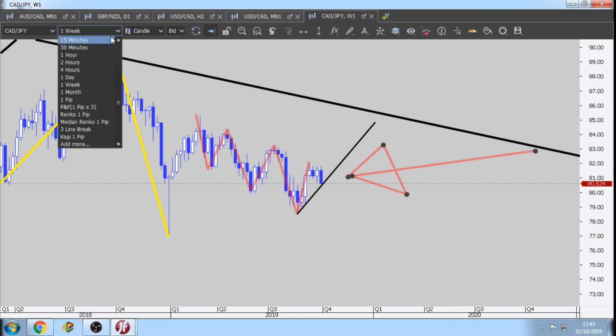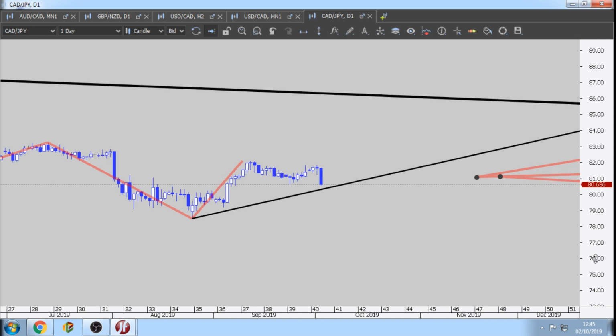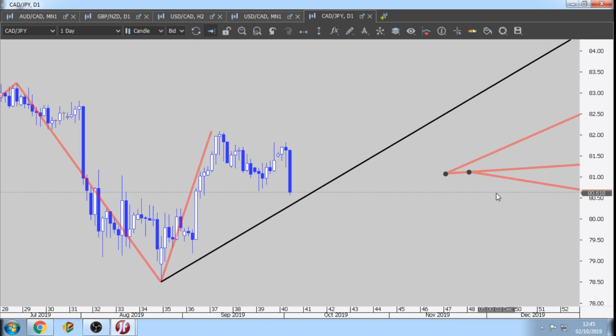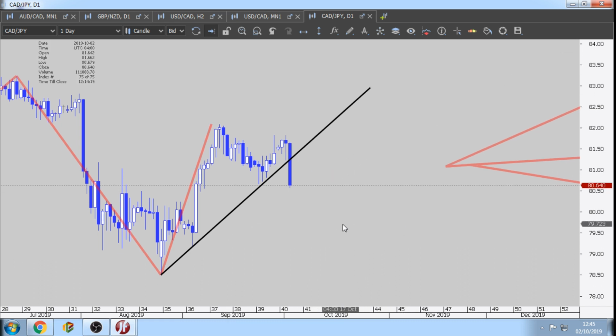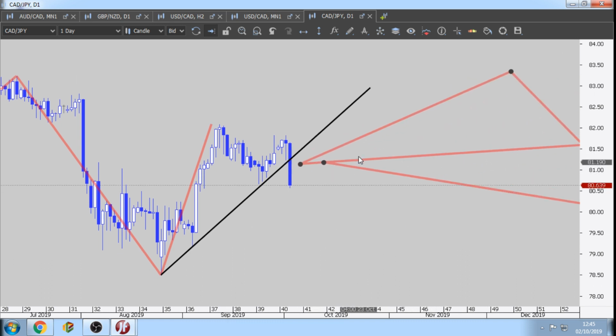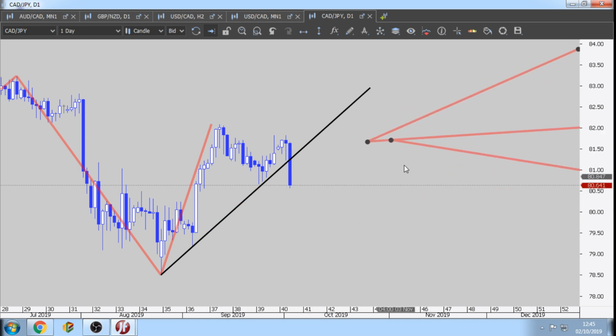Now we're going to jump on the daily and see. We're going to adjust our uptrend line, so this is the correct uptrend line. And look here, everybody, the market is breaking the counter trend line.